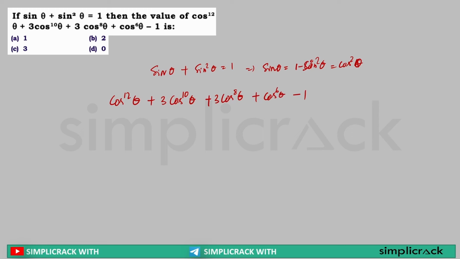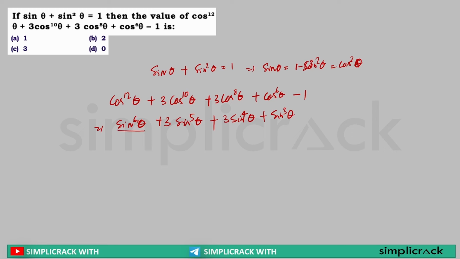Yes or no? Yes. Now, sir, since cos square theta is sine theta, cos 12 theta will be sine to the power 6 theta, because if I take the power of 6, I will get cos 12 theta. So it will be sine 6 theta plus 3 cos 10 theta, which will be power of 5 theta, plus 3 cos 8 theta, which will be power of 4 theta, and cos 6 theta, which will be sine cube theta.